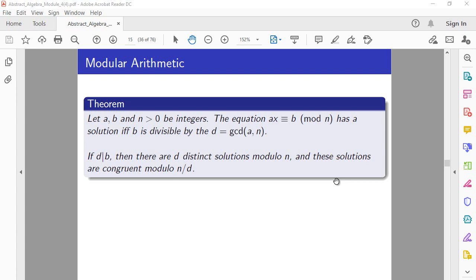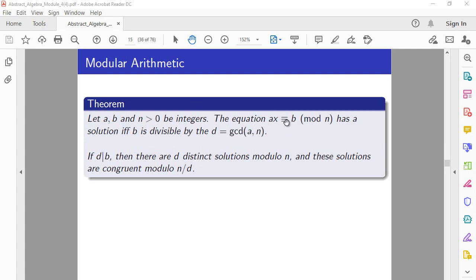In this video, we will be solving linear congruences, and the main result of this video is this one. Let a and b be fixed integers, and let n be a positive integer, which is also fixed.